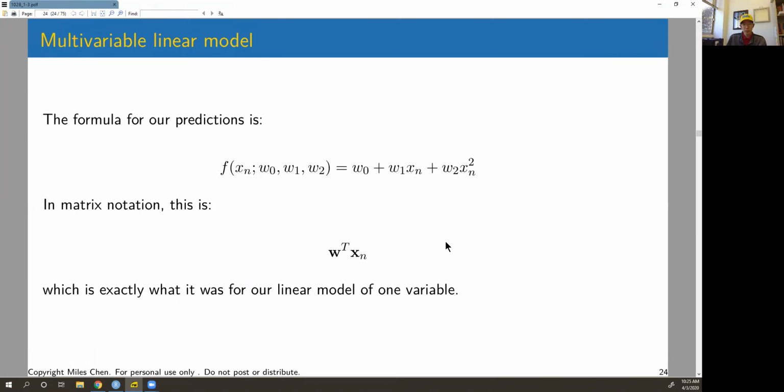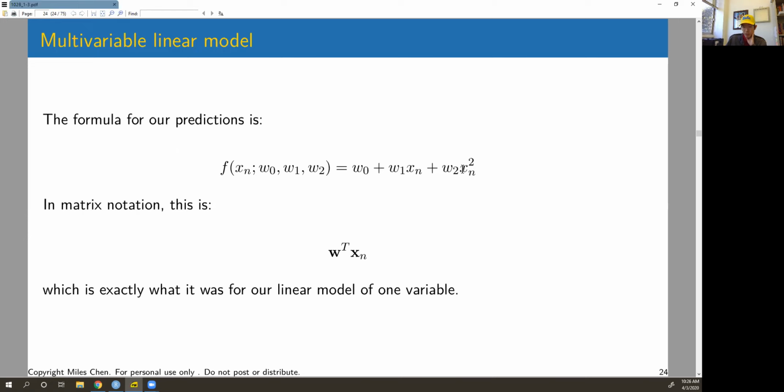Okay, and so our predicted value for a model that uses an intercept, an X, and an X squared value is going to be the sum of W0 plus W1 times Xn. And now I've got another term here, W2 times Xn quantity squared, Xn squared.